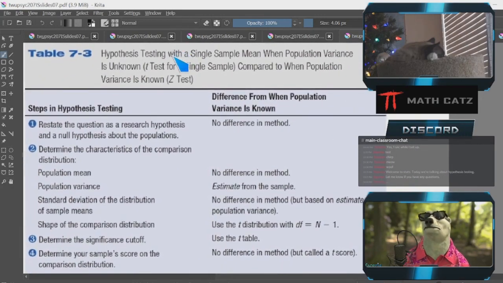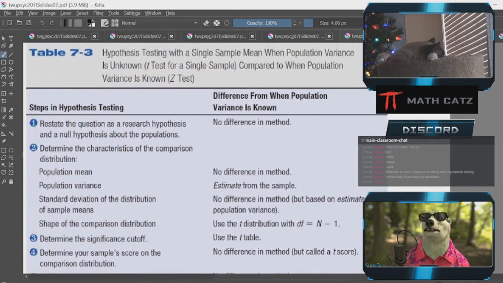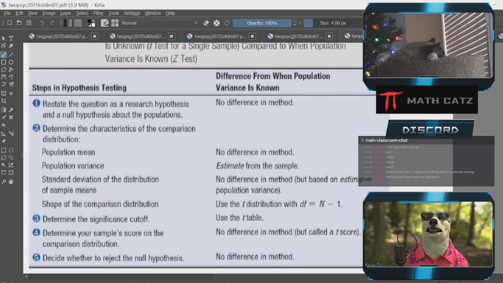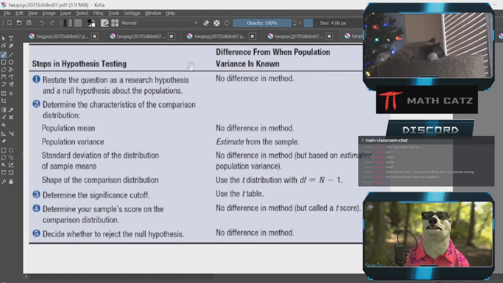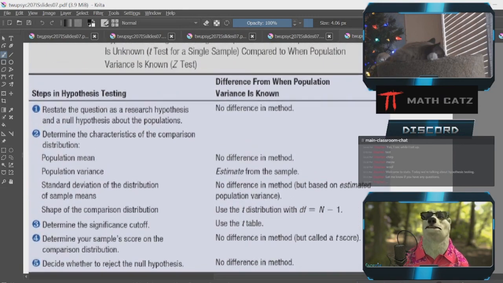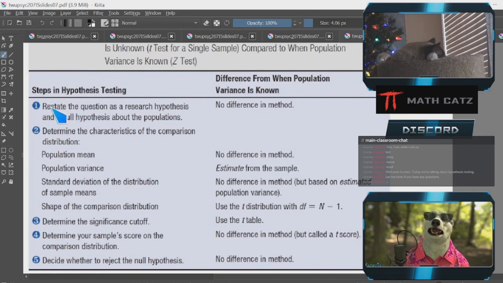So the hypothesis testing procedure, when compared to the previous situation, the z-test, if you will, this is now a t-test for a single sample. T-test for a single sample. What's the same? What's different? Everything fits. Okay. Hypothesis testing setup is the same. Research hypothesis, null hypothesis, about the populations, no difference.